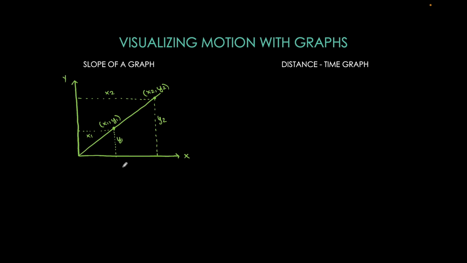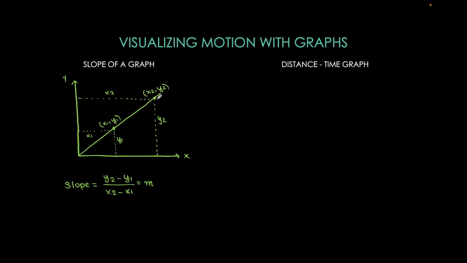Now, if we need to find the slope of this graph, the slope of the graph will be equal to y2 minus y1 divided by x2 minus x1. As simple as that. And slope is denoted using m. Okay. So y2 is the coordinate of the final point and y1 is the coordinate of the initial point.